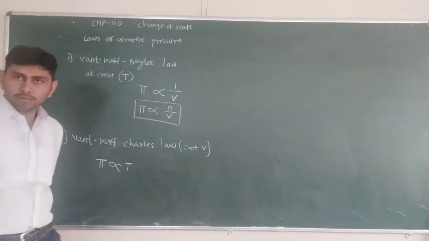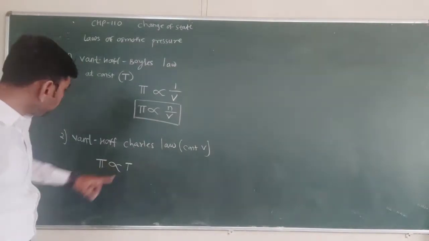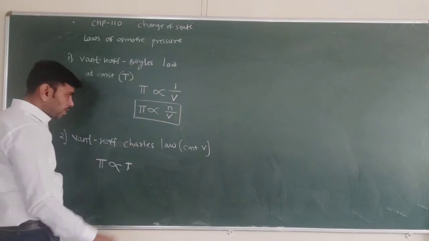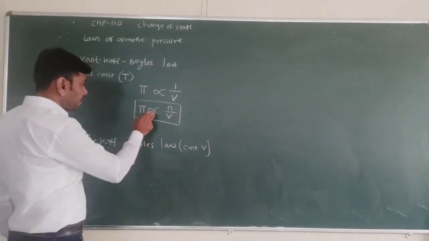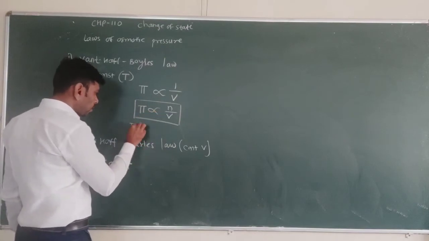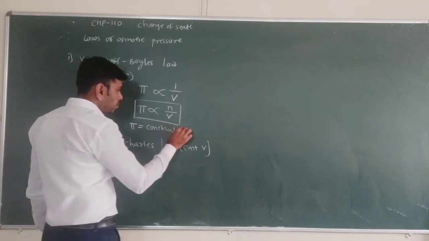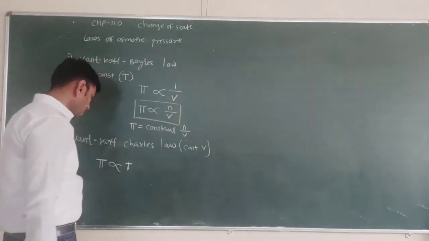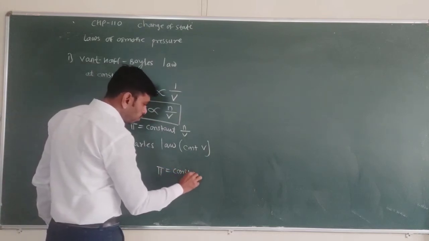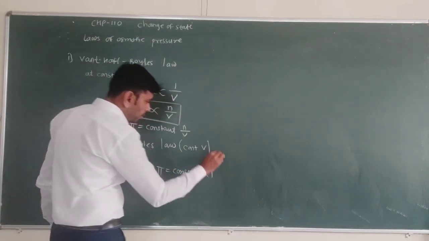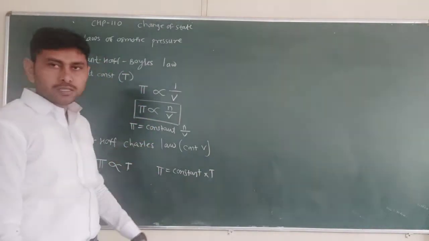If we remove this proportionality sign, then we get a constant. So pi equals constant into n upon V in the first law, and pi equals constant into T in the second. So these are the two laws of osmotic pressure.